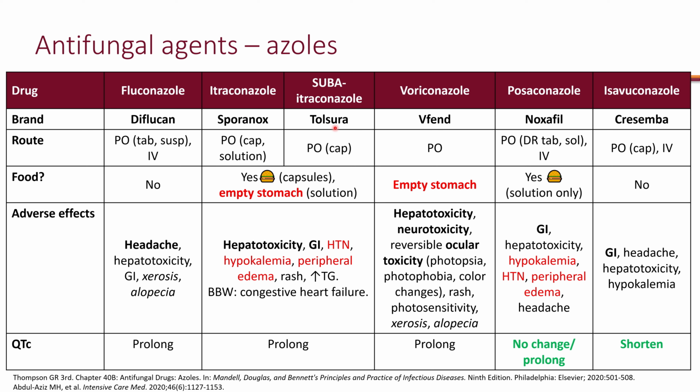In general, with the older formulation, because there is a new formulation called SUBA-itraconazole, and SUBA essentially means supra bioavailable, so they increase the bioavailability in this formulation. So this one is relatively new and therefore more expensive. So the more affordable one is the older formulation, which had limited bioavailability.